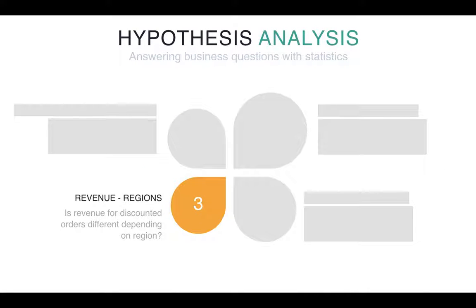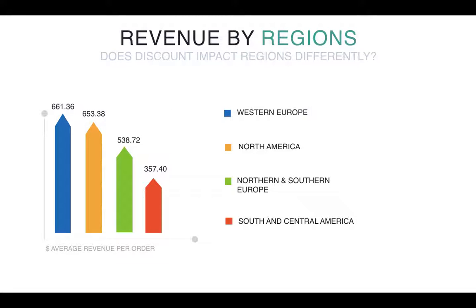Finally, we want to look at revenue and if the discount orders were behaving differently depending on the region. I grouped the regions so we could have enough data to run our analysis, and we can see that the average revenue per order is higher in the Western Europe region with $661.36, followed by North America, and then Northern and Southern Europe, and finally South and Central America.